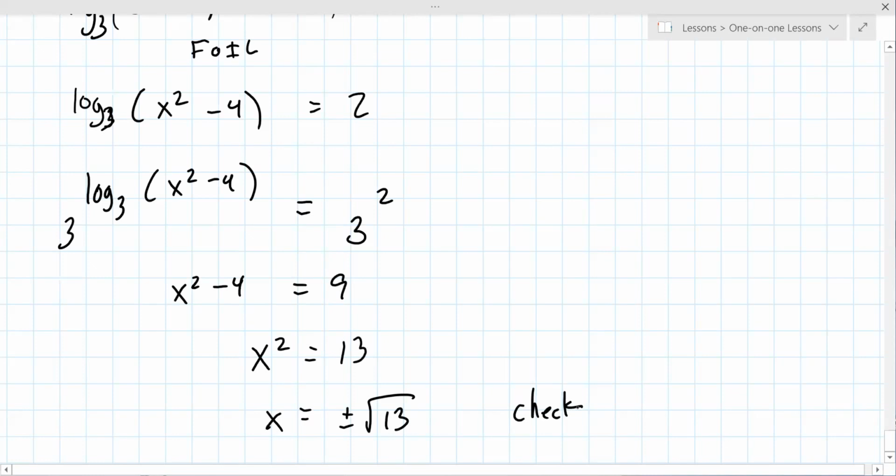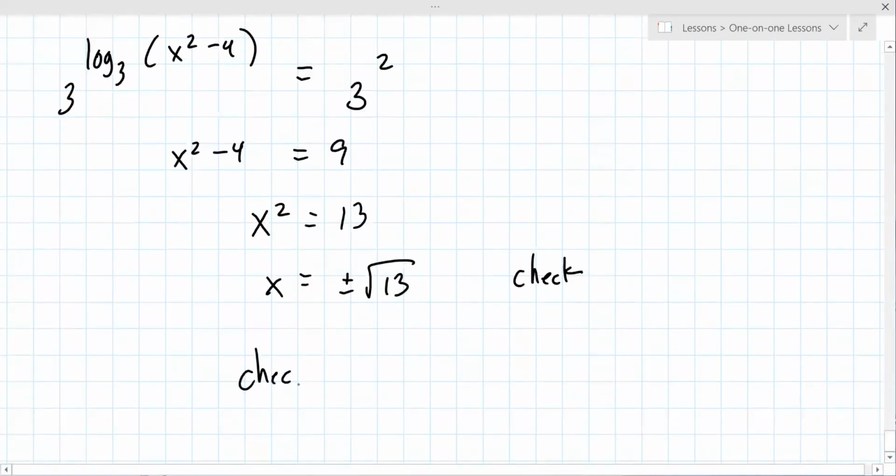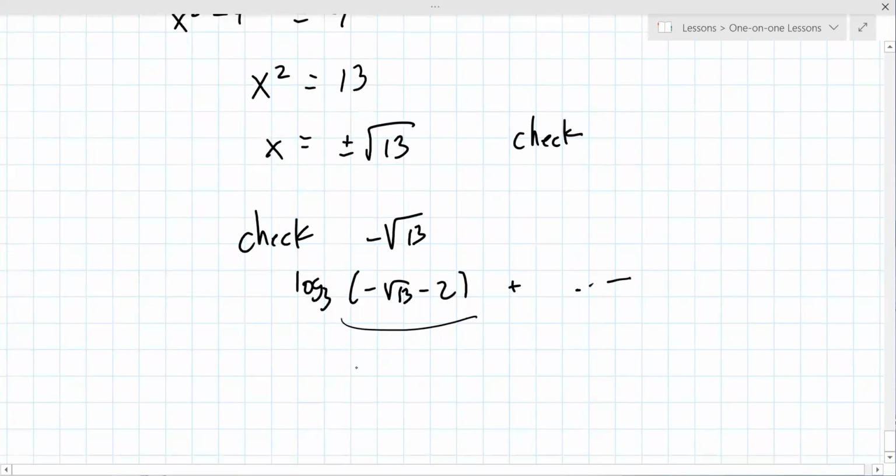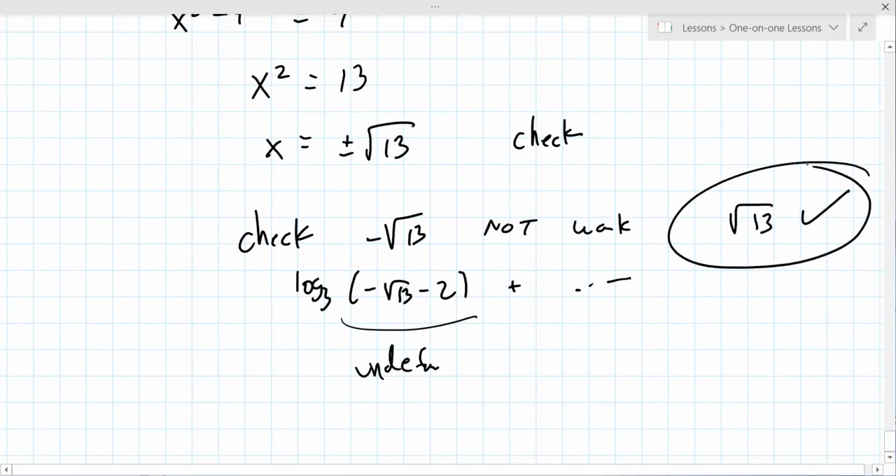And in this case one is, not just because it's negative, but because when you put the value back in, when you check negative square root of 13, you're taking log base 3 of negative square root of 13 minus 2 plus other stuff. This in here is negative and this is undefined. So this one does not work. But positive square root of 13 is okay. Okay.